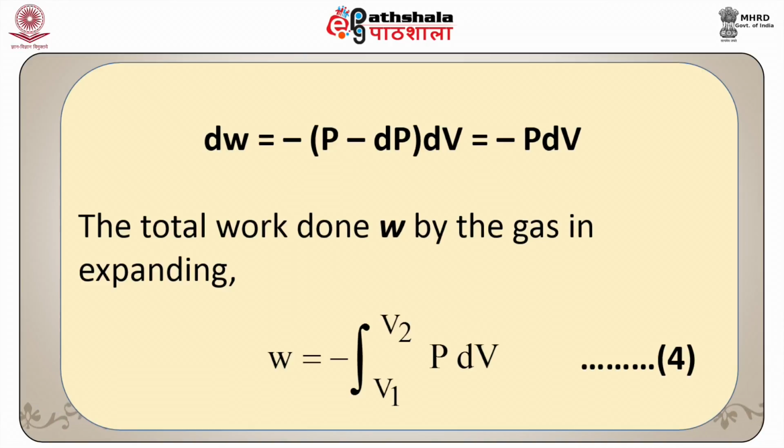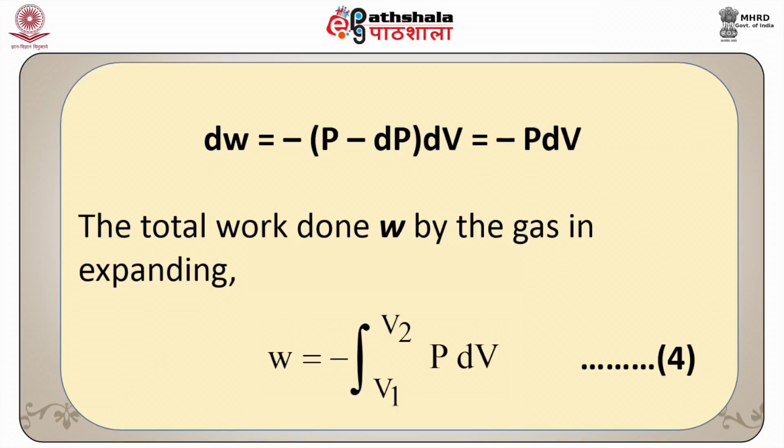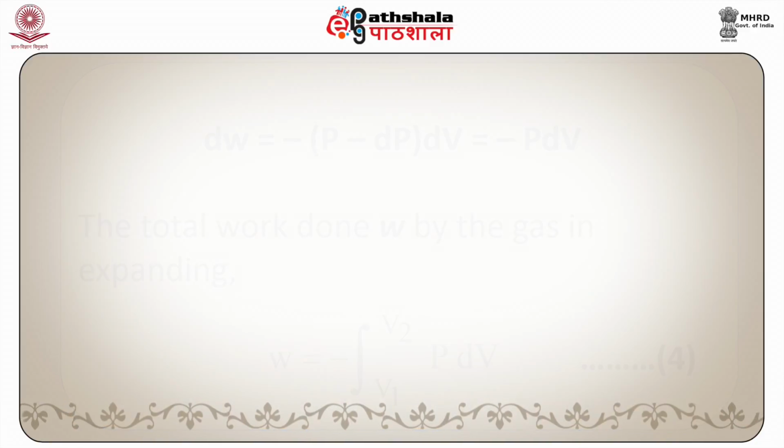The total work done W by the gas in expanding from volume V1 to the volume V2 will be the sum of a series of the terms P dV in which pressure keeps on decreasing and is given by W equal to minus integral from V1 to V2 of P dV.